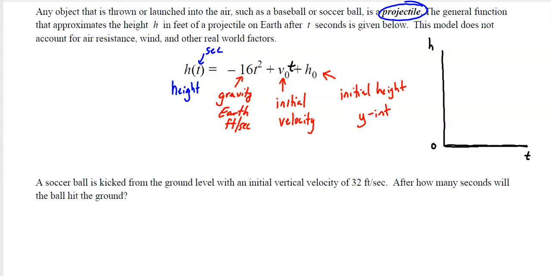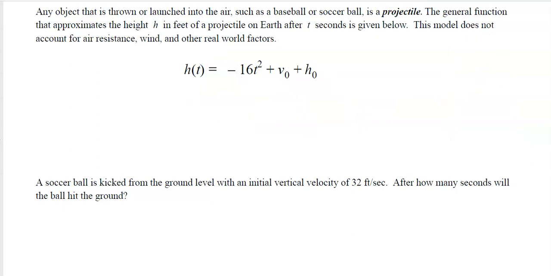If you launch it from the ground, you start at 0, it goes up, and it comes back down. All right? Or if you launch it off the top of something, maybe you're on top of a building, well, you have a y-intercept where you're starting at time 0 at a certain spot, and then it goes up and does its thing. All right, so that's what's happening.